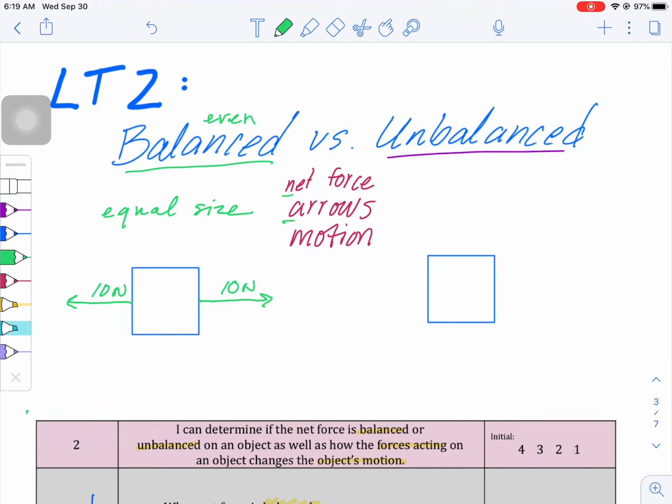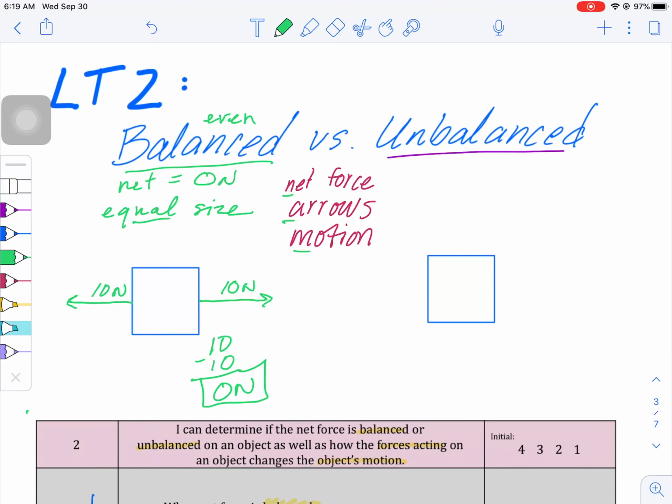So when we think about the net force of a balanced free body diagram like this one, when we do our math and subtract to get the opposite, we're always going to get a net force of 0, no matter what, because our arrows are that equal size.